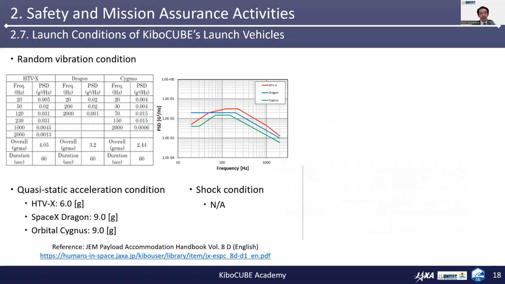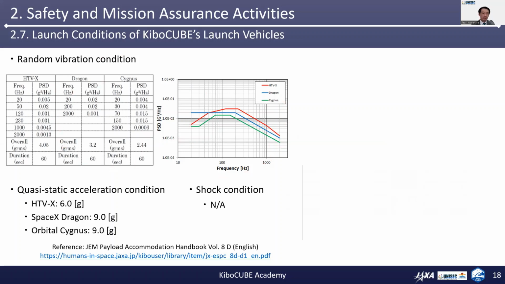So let's also take a look at the mechanical conditions during the launch. The possible launch vehicles and transfer vehicles are HTV-X, Dragon, and Cygnus. The random vibration conditions of these vehicles are summarized in this table, which are also visually illustrated in the figures as well.